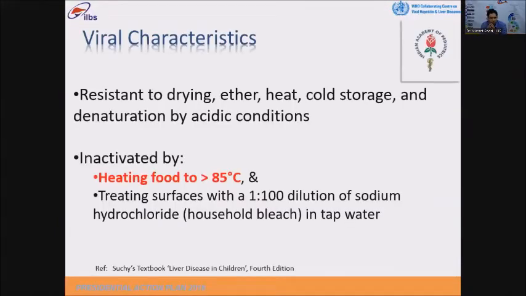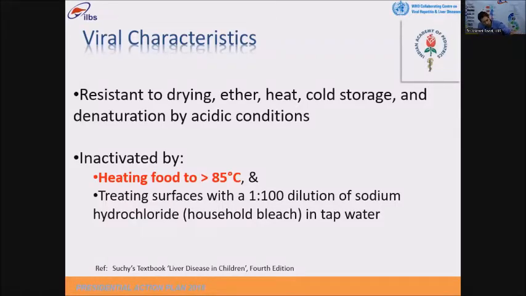So we will focus on hepatitis A and E almost simultaneously. It's a resistant virus. It can tolerate heat and cold storage for weeks altogether. But the most important thing is that both hepatitis A and E are water and food-borne disorders.